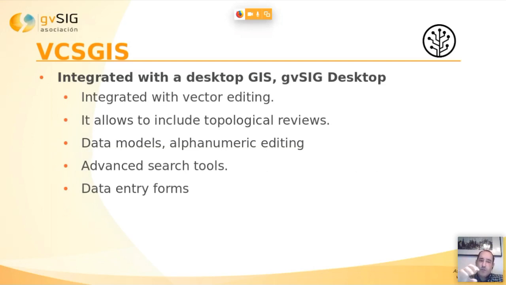It's very useful because we have different tables that are connected to our data. So, for example, we can use these tables for the values of the combos that we have for the different fields. Or another example, we also have advanced search tools that, for example, if we have a shapefile with the vertical signs, we can have an external table with the models of the vertical signs.